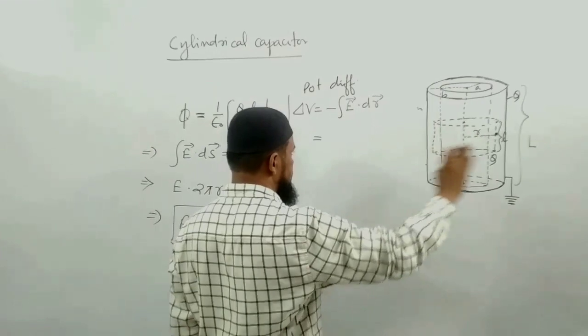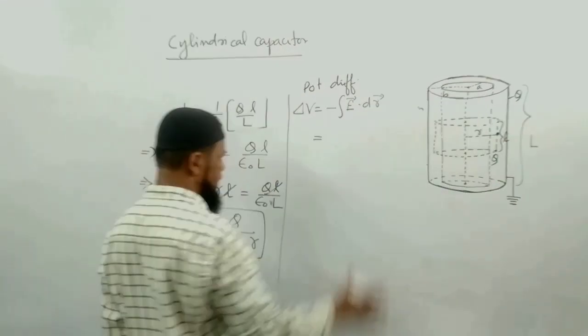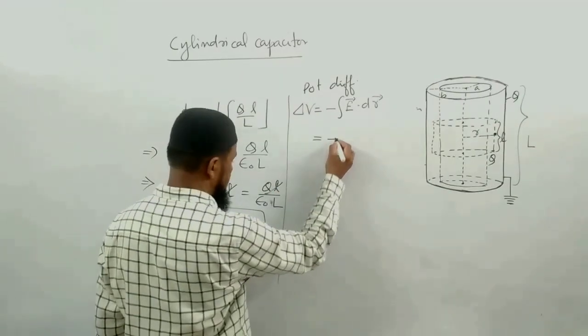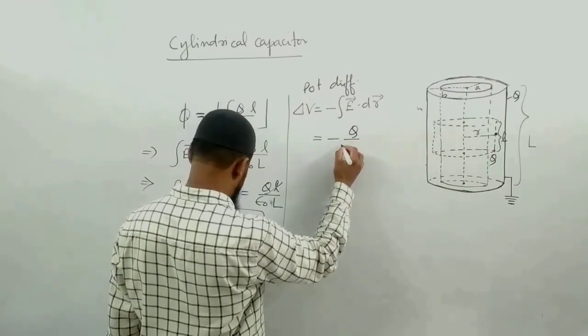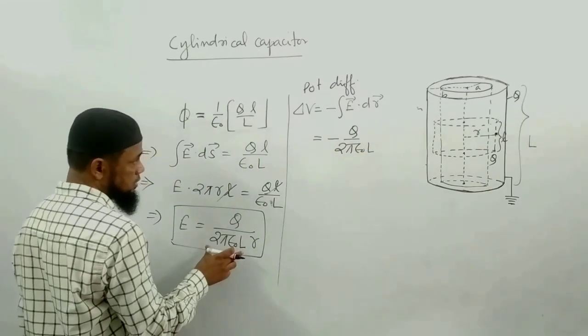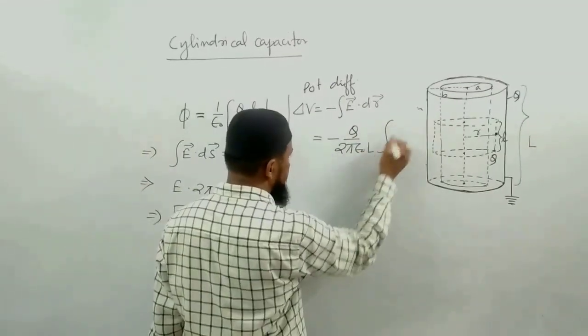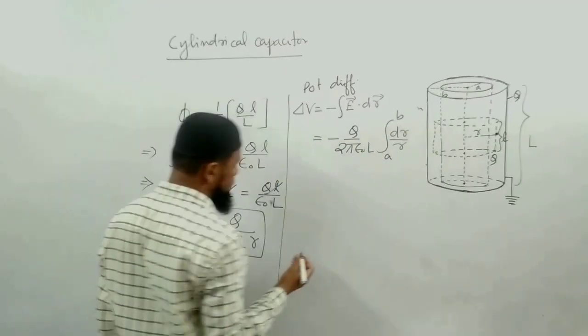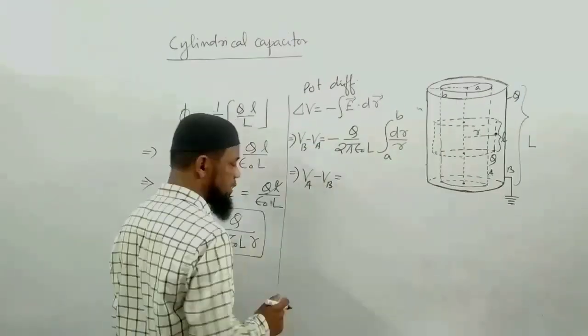E bar and dr bar are both outward, so E bar dot dr bar is E dr only. The value of E is minus Q divided by twice pi epsilon naught L, which is constant, times the integral of dr by r, where r goes from A to B.